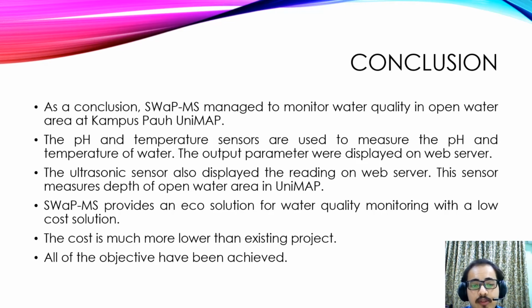SWAP MS provides an eco solution for water quality monitoring with a low cost, because we only use NodeMCU as a controller. We didn't use any others such as Arduino and Raspberry Pi like the previous work, because the cost is much lower than the existing project, and all of the objectives have been achieved.